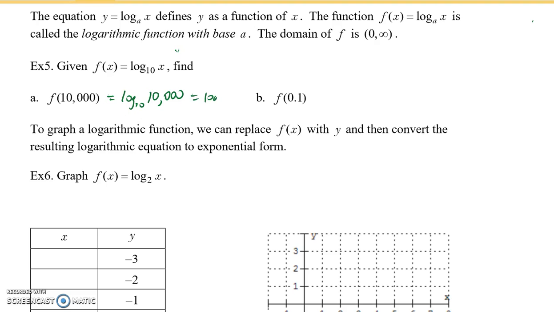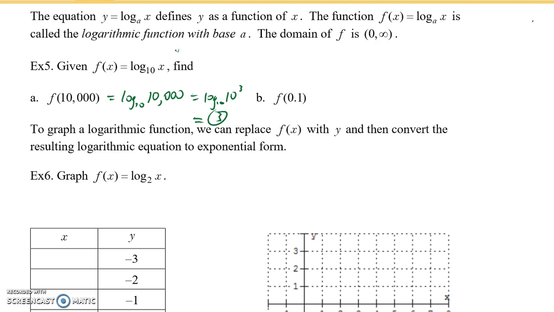It's 10 to the third power. And by our cancellation property, property 3 listed above, the value of log base 10 of 10 to the third is just what's in the exponent, 3. So the value of the function at 10,000 would be 3.